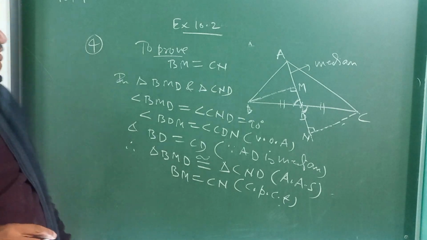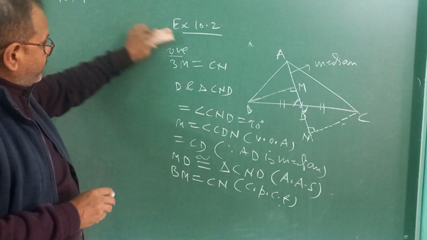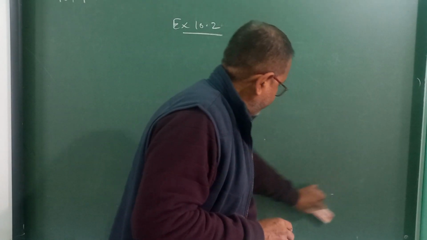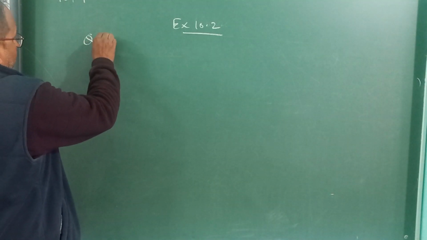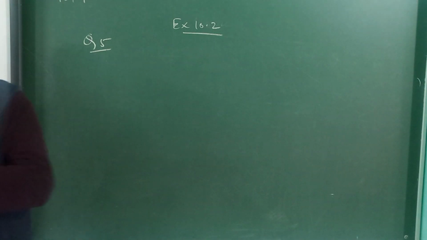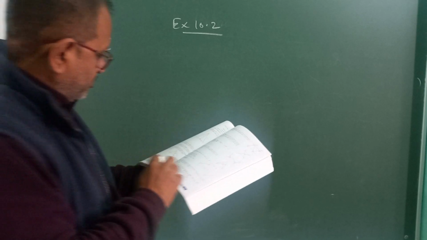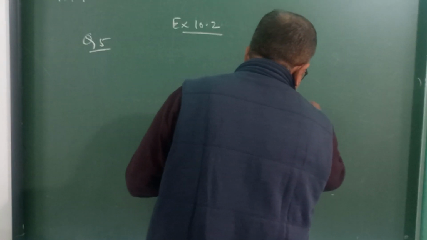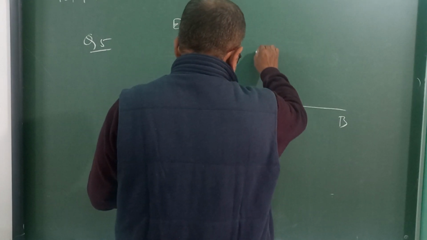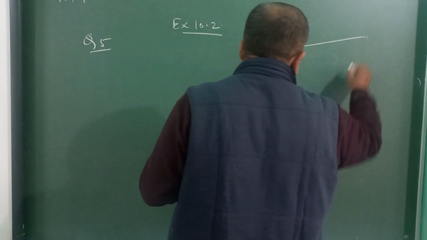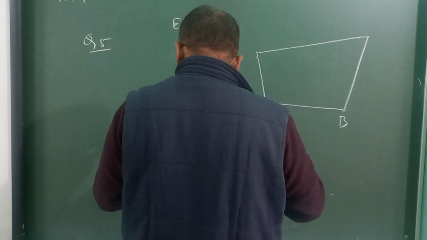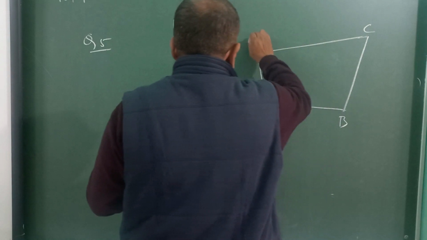Now see the next question, question number 5. The figure is given in the question, so draw the figure. ABCD is a quadrilateral.